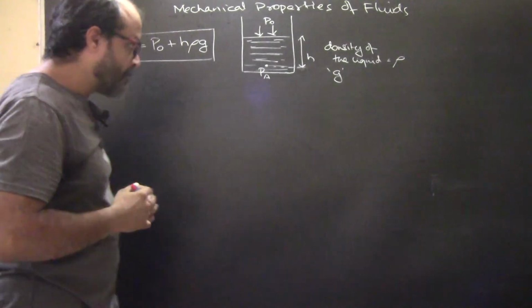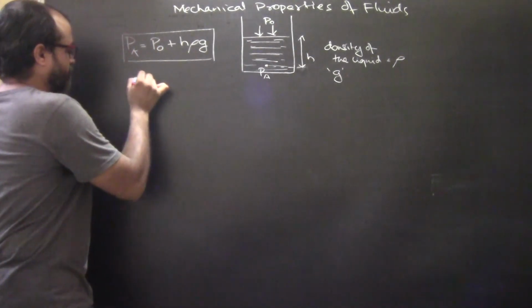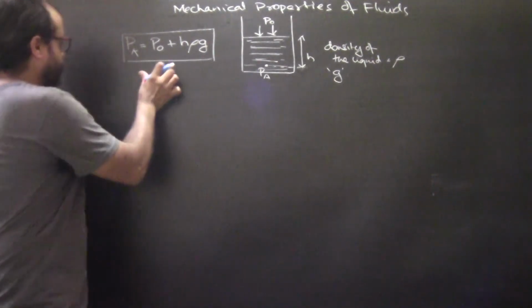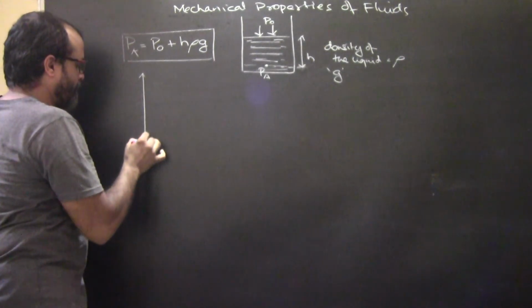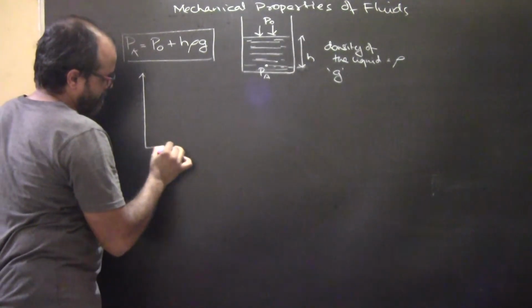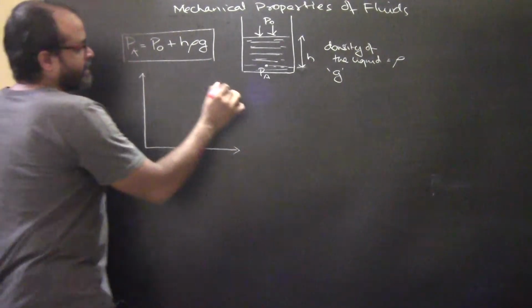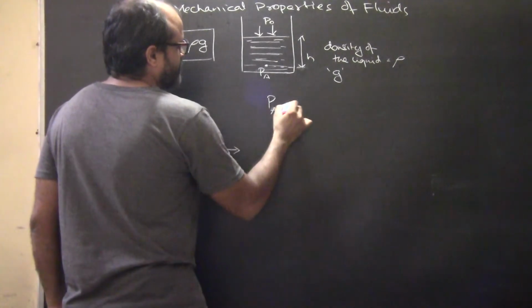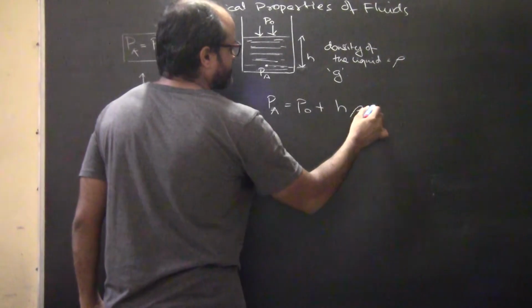Now if we were to plot a graph, how would this look? See, this PA is equal to P0 plus h rho g.